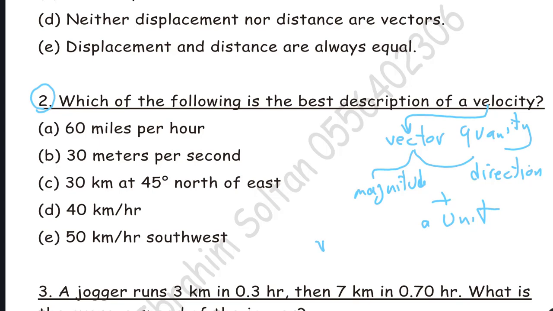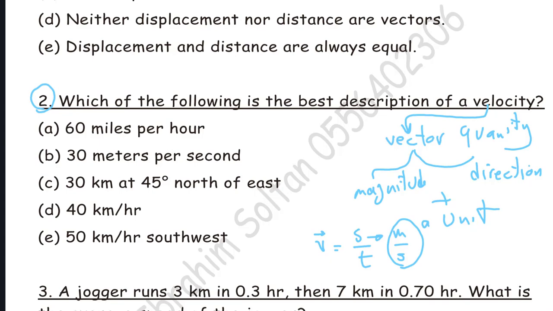Velocity equals displacement over time, right? The SI unit of displacement is meter and the unit of time is second, so meter per second. So let's start to solve it.